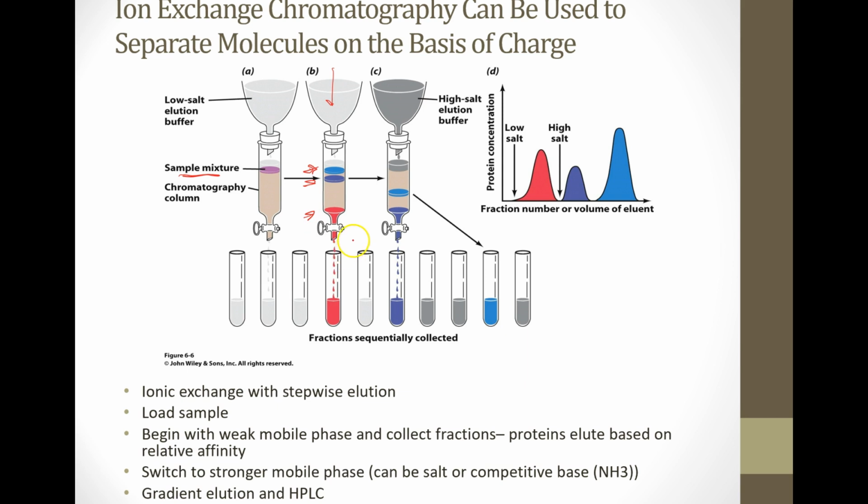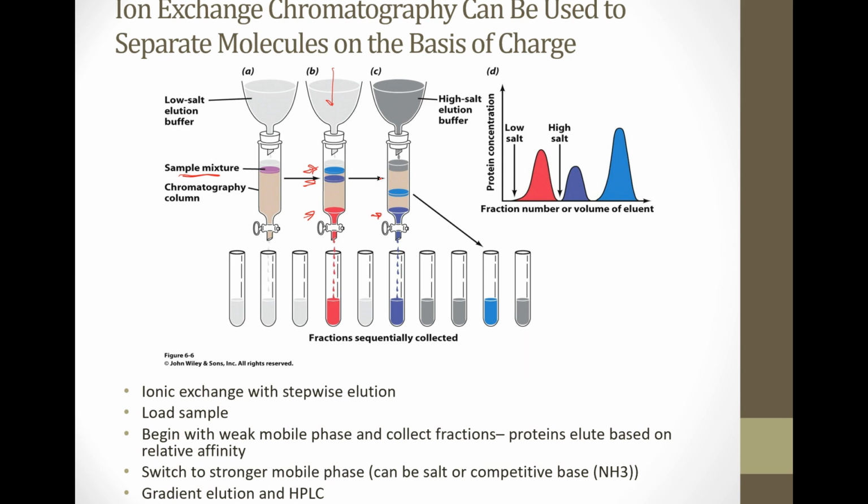And some protein will come off quickly because it prefers the mobile phase. It has a relatively low affinity for the stationary phase. And then we'll have a second protein, that purple one, which has a greater retention factor because it has a higher affinity relative to the stationary phase, and it'll come off later.